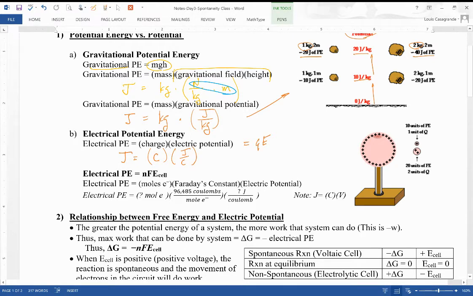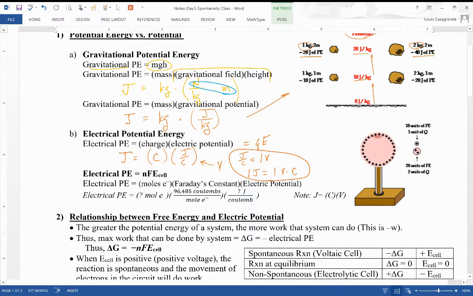And if you remember, joules per coulomb is actually units of volts. So a joule per coulomb is equal to 1 volt. And rearranging that, 1 joule is equal to 1 volt times a coulomb.